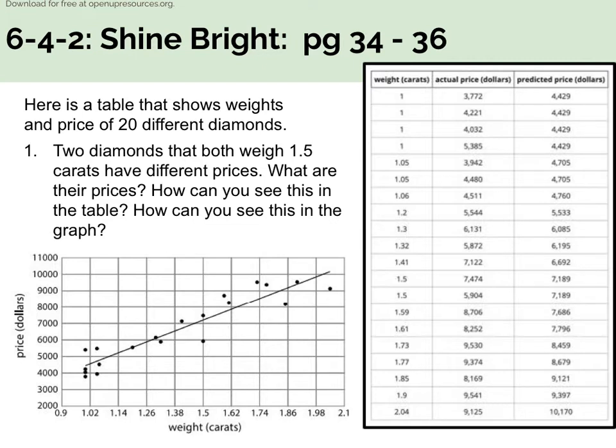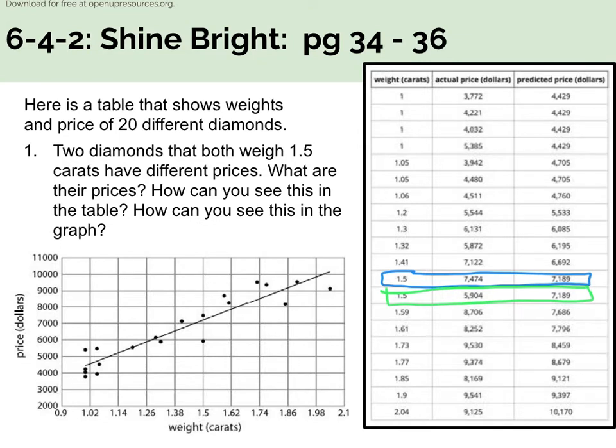So we're looking at the 1.5 carats. So here is a 1.5 carat. The actual price is $7,474. The predicted price is $7,189. And then the second one, the actual price is $5,904. Predicted price is $7,189.